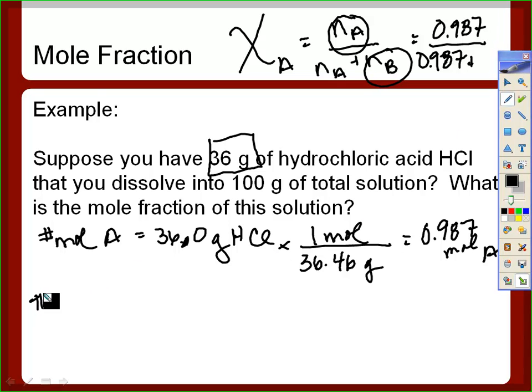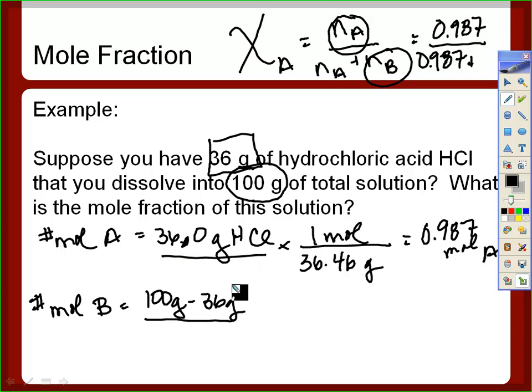And my number of moles of B, which is my water, my solvent, is going to be, I've got 100 grams total solution, so my number of grams is going to be 100 grams minus my 36 grams to start. So that's of my water. 100 minus 36 is 64.